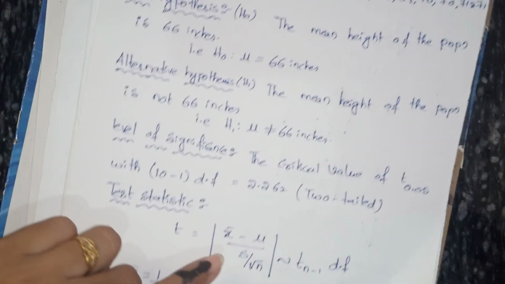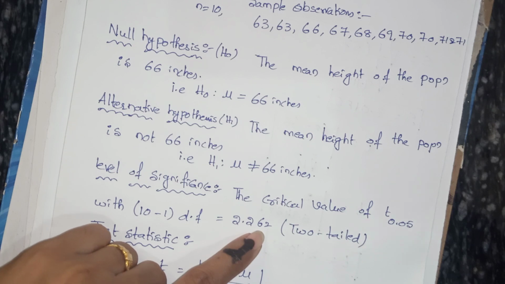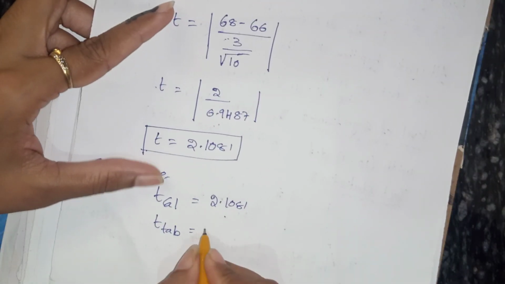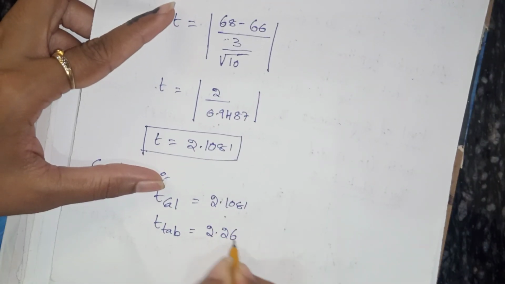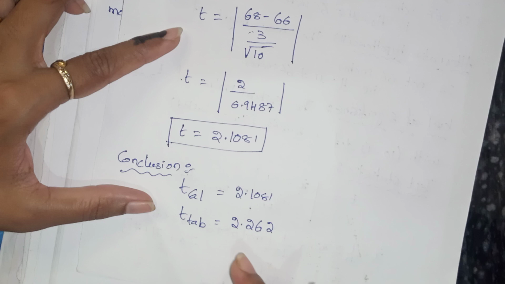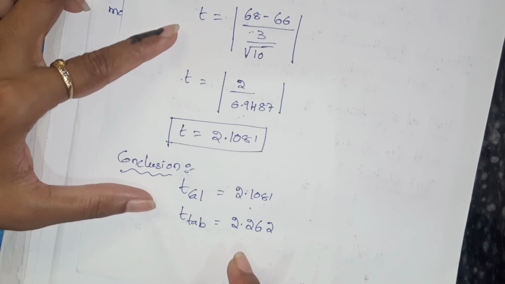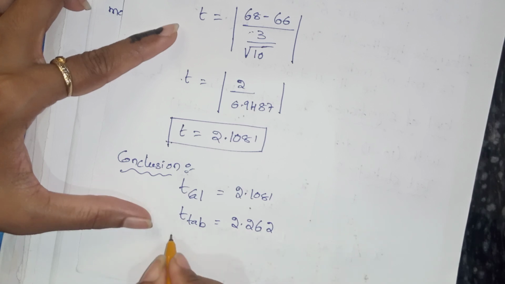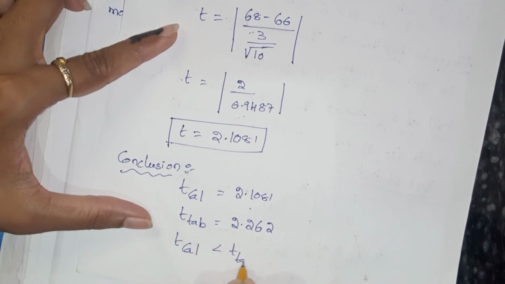At 5%, 2.262. So now which is greater? We can say that this value is greater. So t calculated value is less than t table.